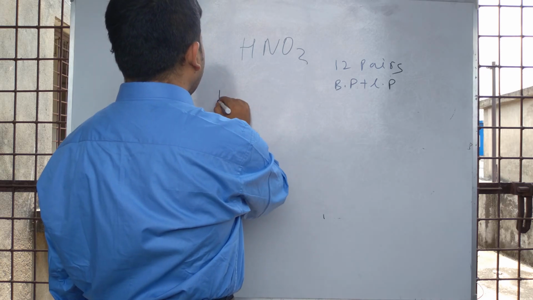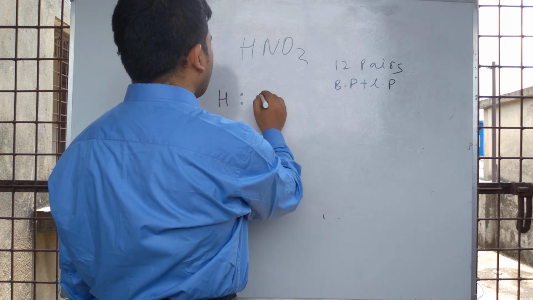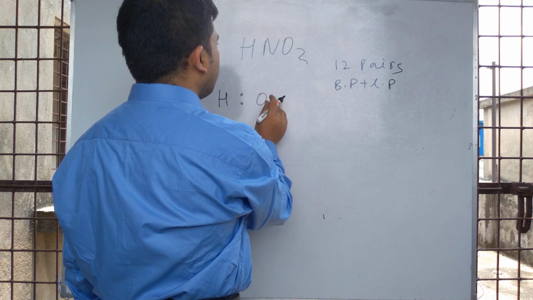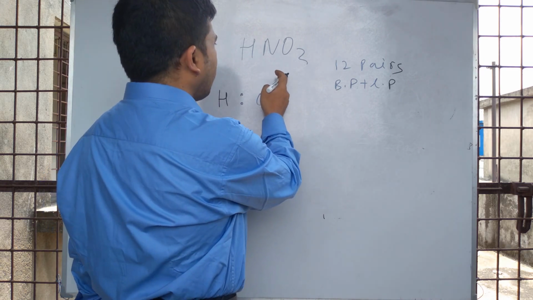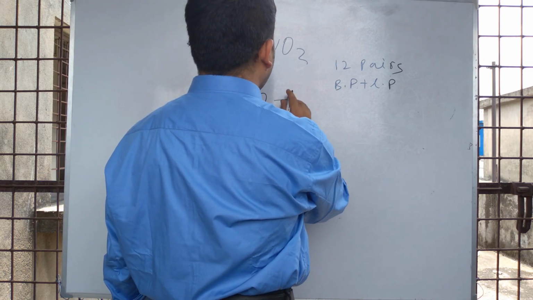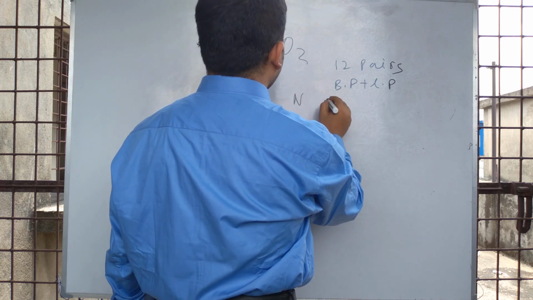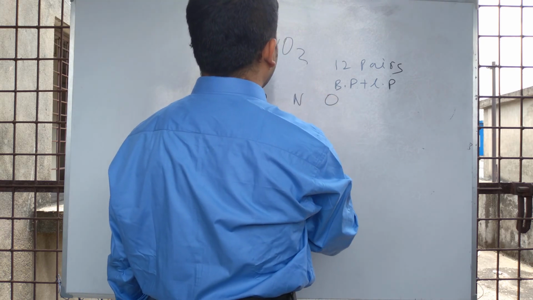So we have to write the structure. Oxygen is attached with hydrogen because it is an oxyacid. Nitrogen is the central atom, and 3 other oxygens are present like this.